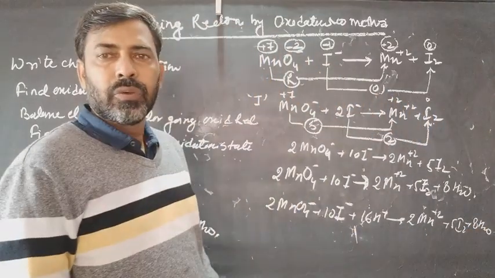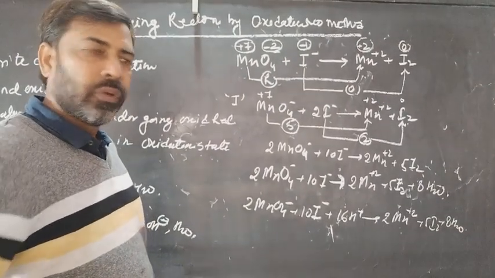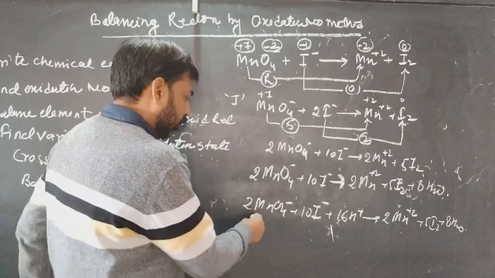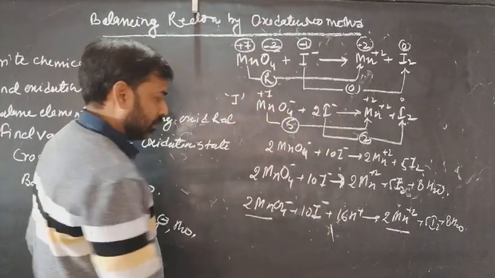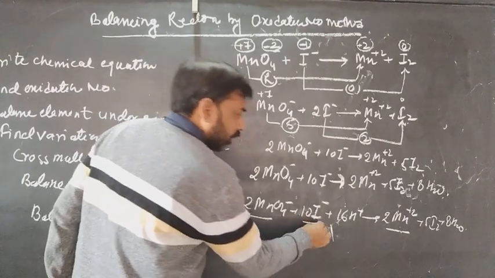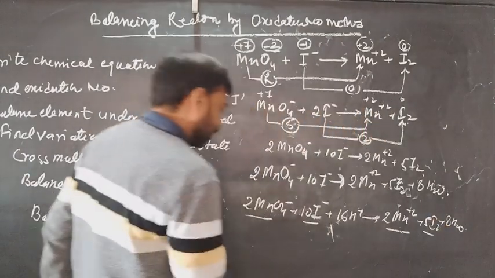Now see whether the reaction is balanced or not. When you see the balancing, 2 Mn on the left hand side, again 2 Mn, balanced. Iodine, 10 iodide ions and 5 I2, that means balanced.